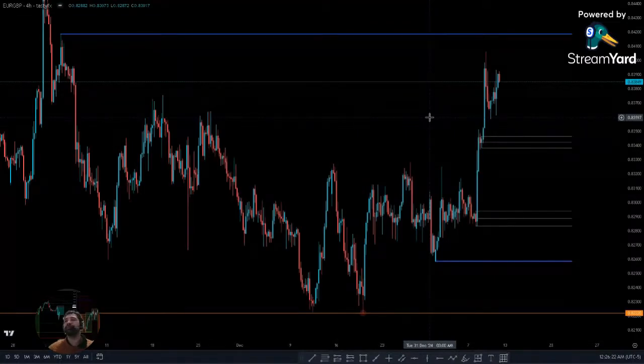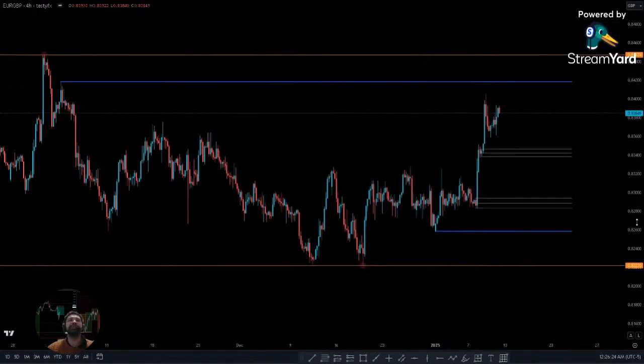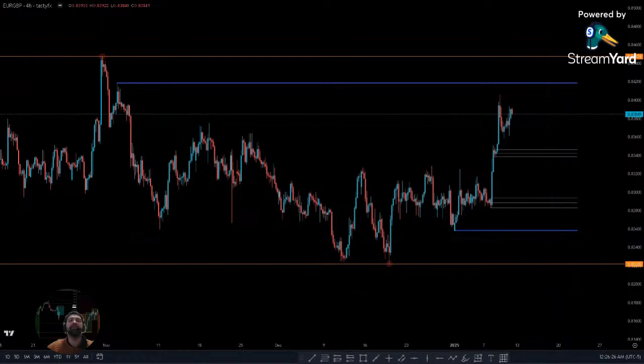Moving next to Euro GBP, I'm really interested in this pair from after the NFP. Even prior to NFP, we started getting the reaction after the pound got really, really weak. So after the pound got weak, there was a breakout and a small pullback and prices went up like that.